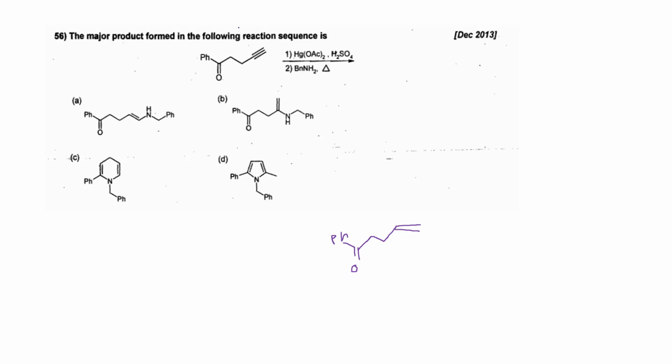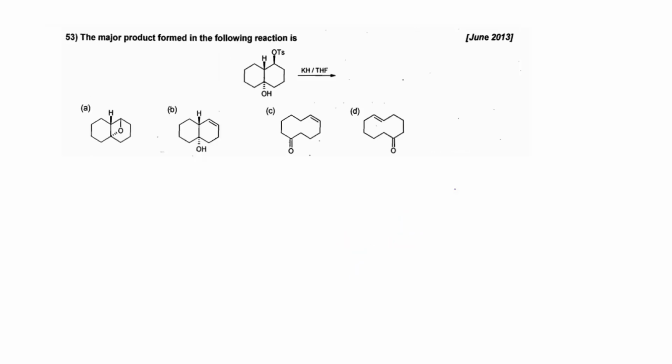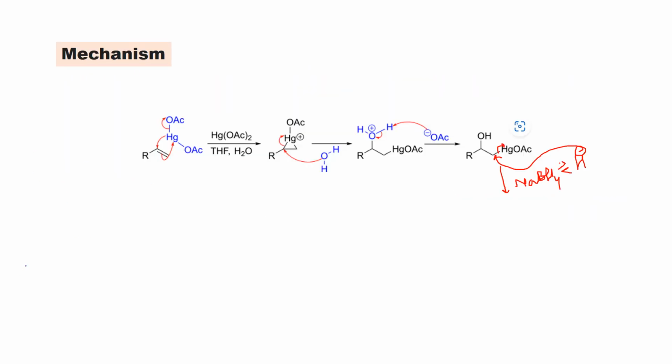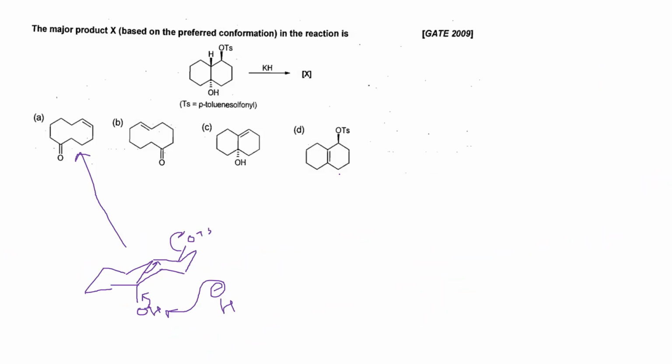Instead of H2O here as a nucleophile, they have given an amine. So instead of OH, NH2 will be added. If you see the mechanism of oxymercuration, demercuration, the water molecule is attacking, but here instead of water they have given an amine.